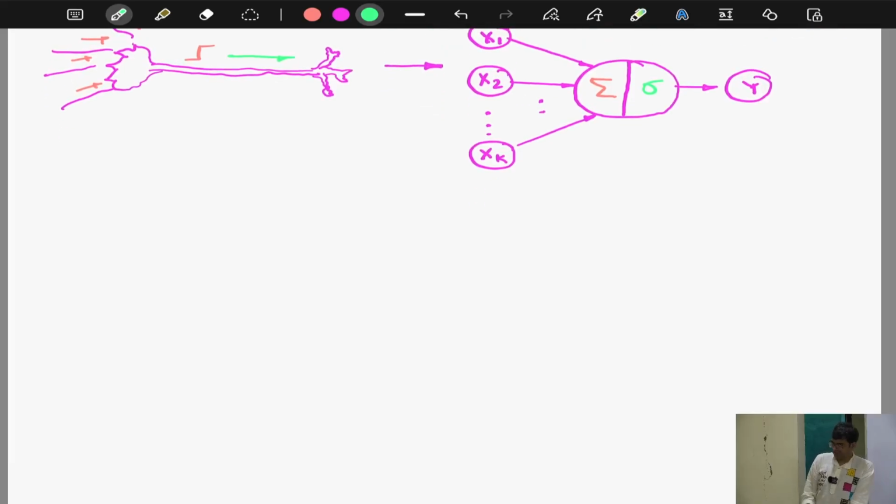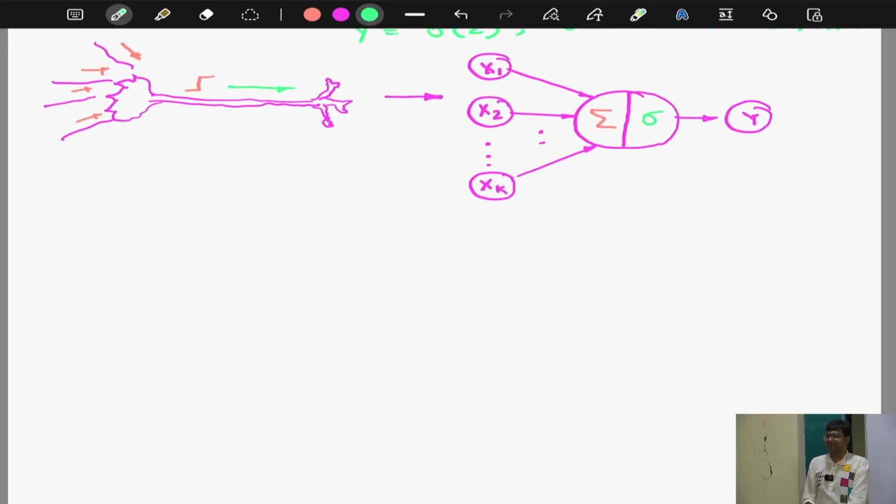But perceptron has at least one major issue, if not more. Can you guess from whatever we have discussed till now what is the potential issue that is there in perceptron? Correct, but why is that an issue?